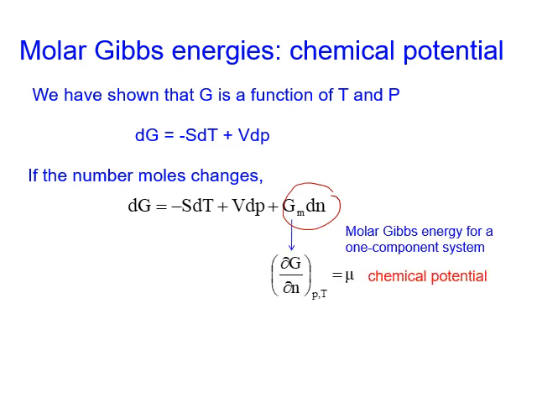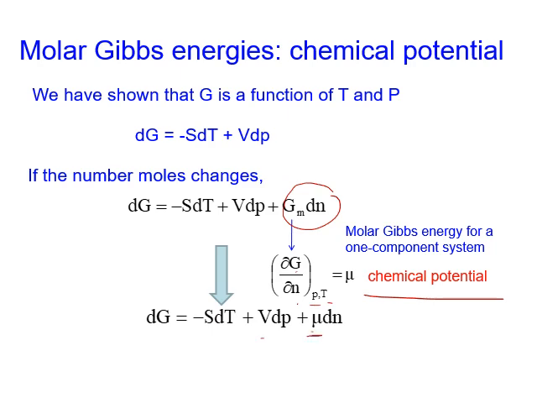The molar Gibbs energy can be written as the derivative of Gibbs energy with respect to number of moles at constant pressure and temperature. Molar Gibbs energy is so important a concept that we have a name for it: chemical potential. Now the fundamental equation becomes dG equals negative SdT plus Vdp plus mu dn, where mu is the chemical potential or molar Gibbs energy.